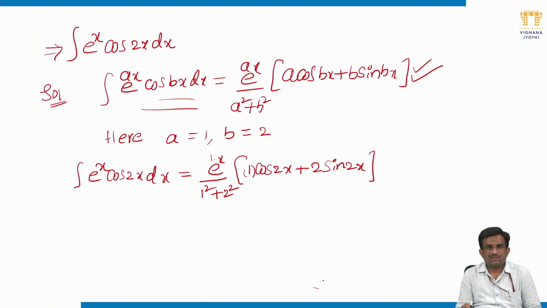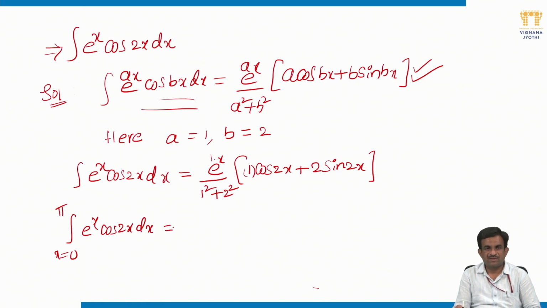Now we'll see for the same example how to evaluate the definite integral. For example, we are given the limits x equal to 0 to pi for e power x cos 2x dx. As usual, we evaluate this using the basic formula.